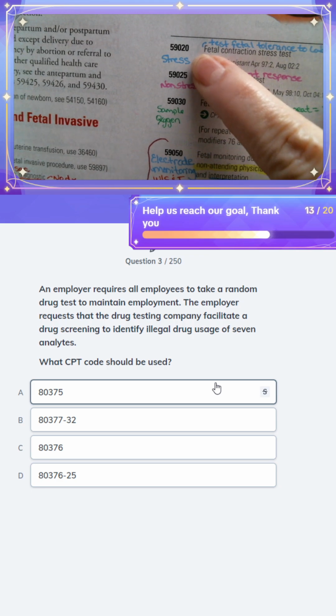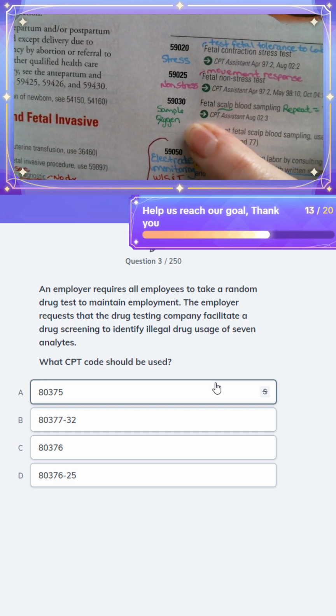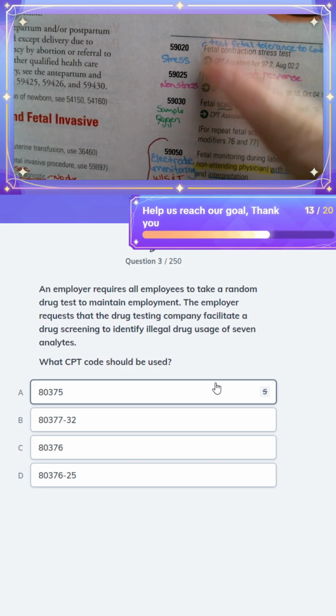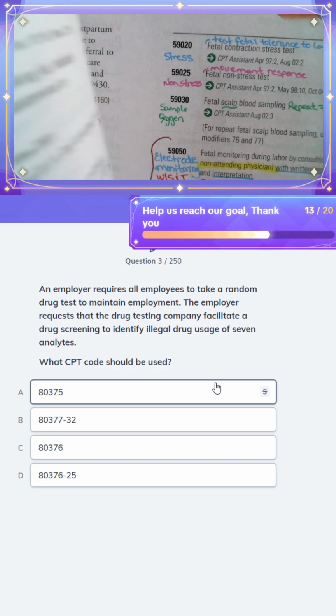If you're only looking for whether this is oxygen or monitoring, or it's a stress test or not, then you won't notice anything that is trying to make you pick the wrong code. So, super helpful way to do this.